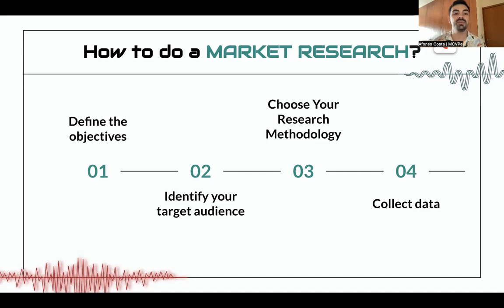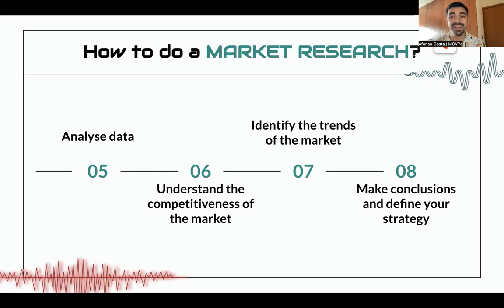The first step is to define your objectives. So you need to understand what you want to do, what your goals are when it comes to the market research you are about to do. Then you need to identify your target audience. You need to choose your research methodology. You need to collect data. After, you need to analyze this same data in order for you to draw some conclusions, which you can see in point number 8.